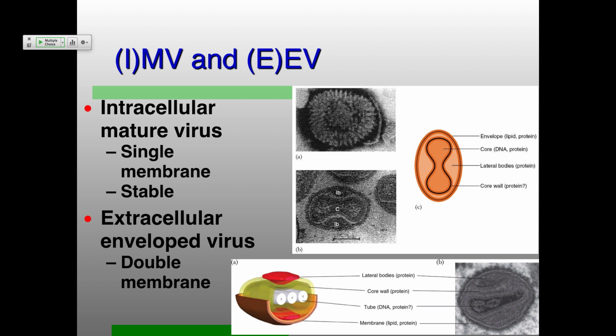So if you think about it, that external membrane will then be able to fuse with a new membrane. But if you want to have a stable form, you just have one membrane. So this is the form that seems to infect from organism to organism, and this goes from cell to cell in one organism. Again, in the case of smallpox, this would just be humans.